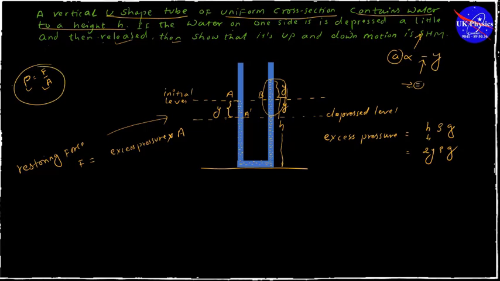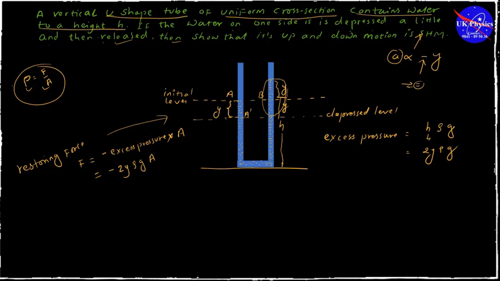So the excess pressure is 2y rho g, times A, and here the sign is negative.